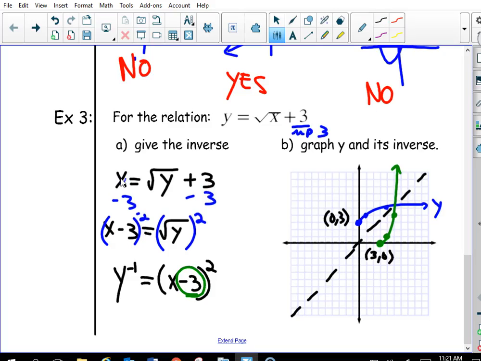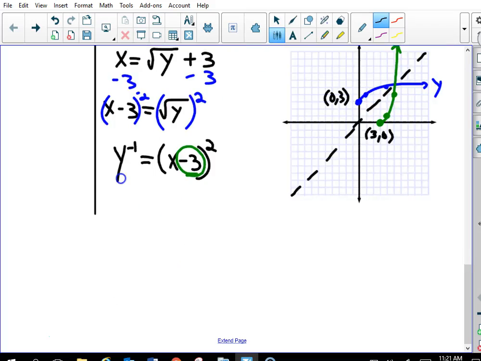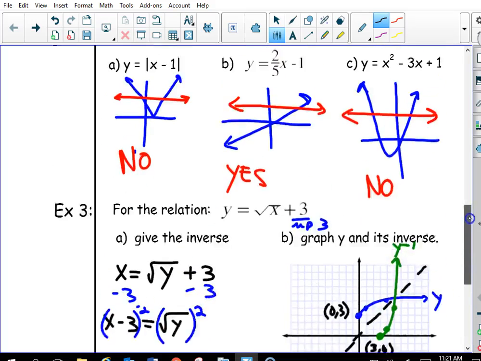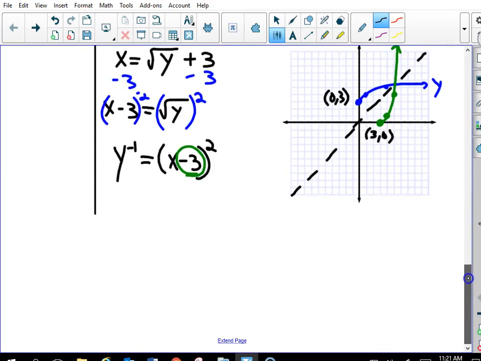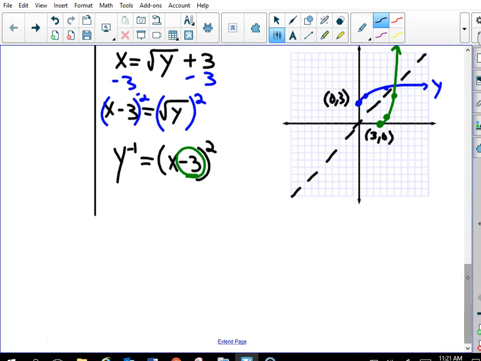Probably should label my graph. Okay, so we manage this by limiting the domain. So the domain of y to the minus 1 is x is going to be greater than or equal to 3.